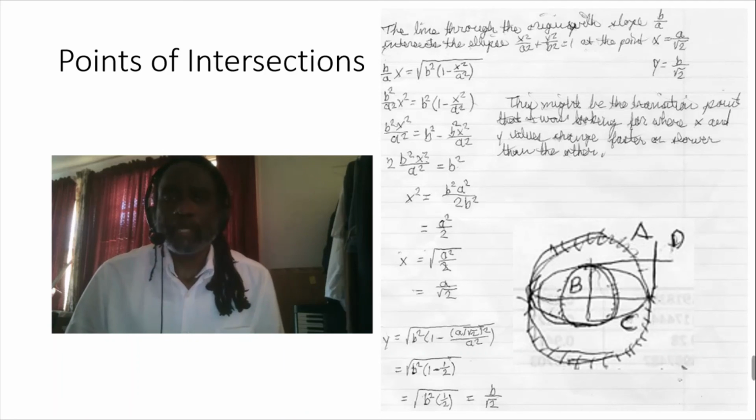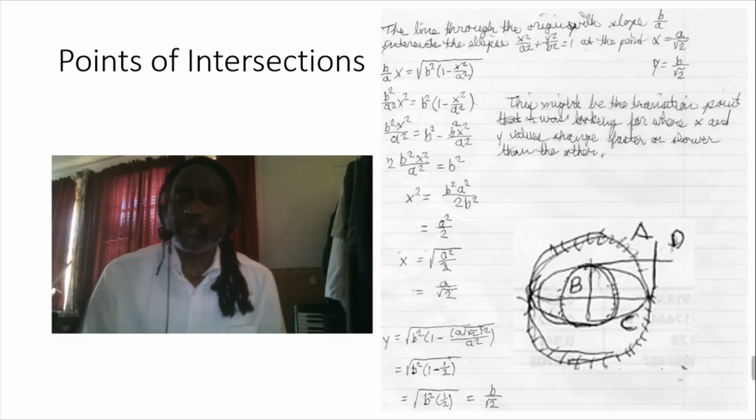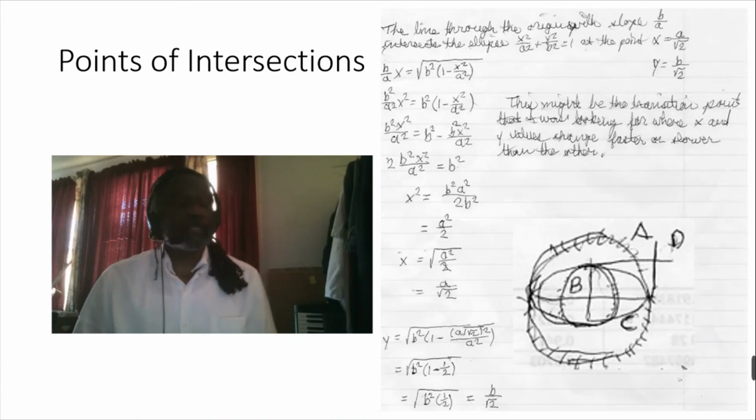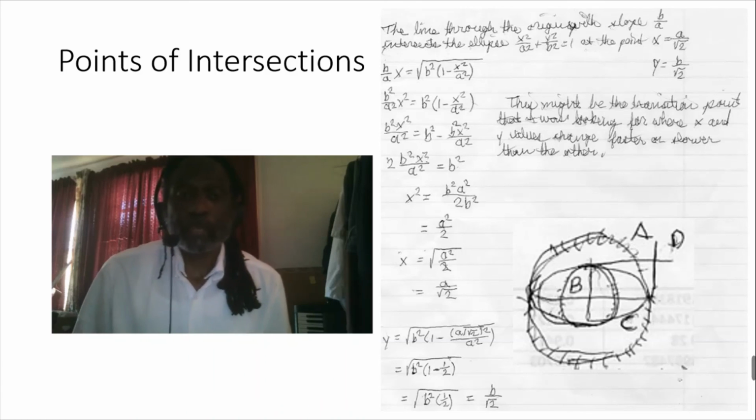And I discovered that that intersection point would be x equals a over the square root of 2 and y equals b over the square root of 2. And it appears that this is something that might be true for every ellipse. I mean, if you find something that's true for a whole family of curves, then you found something useful. That really was a good ending and something that I could really sink my teeth into.